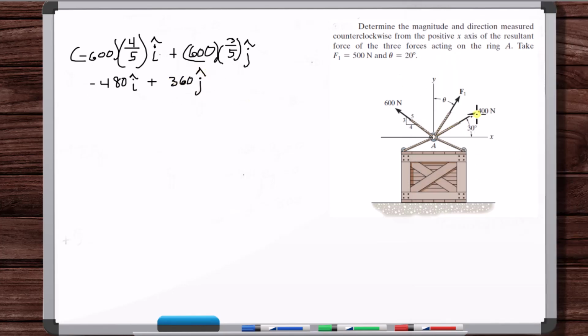Okay, let's do this 400 newton vector. That's in positive x and positive y.